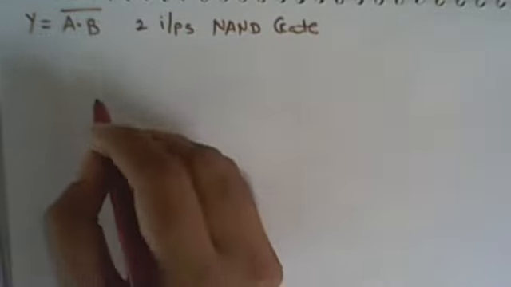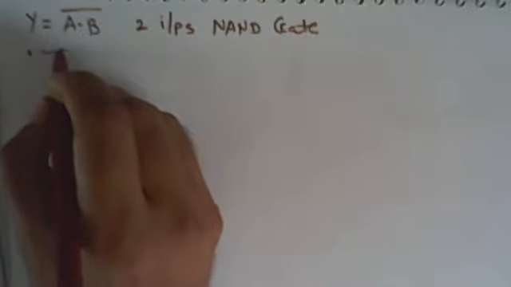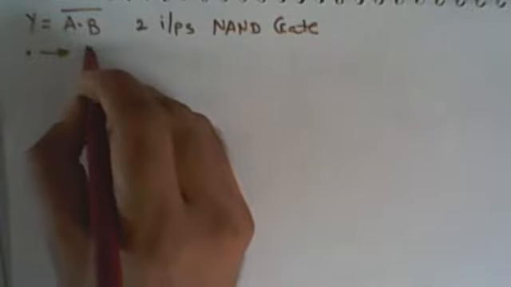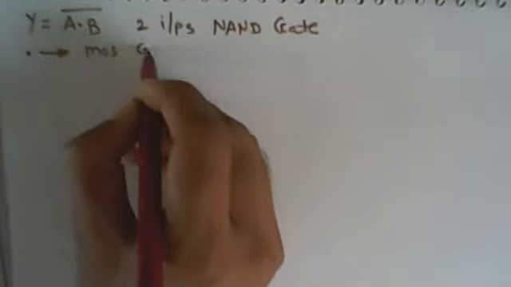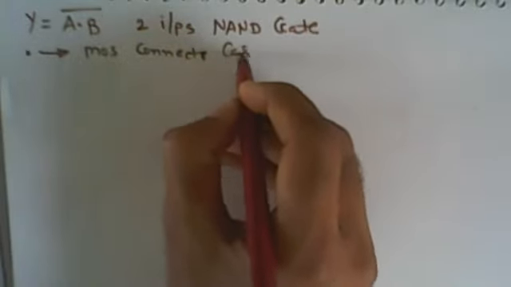So when we want to implement an AND operation, then the driver MOSFETs are connected in cascade. The MOSFETs we have to connect in cascade.